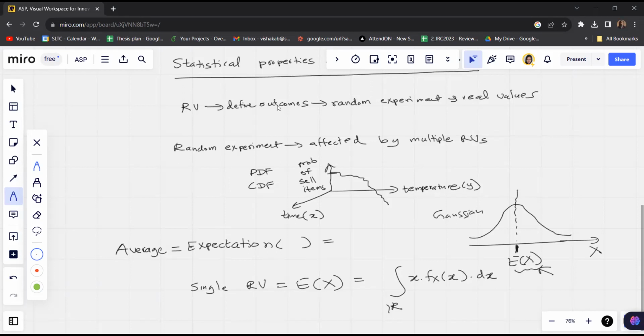Likewise, from that expectation we can get some idea about the outcome which occurs the most in the random experiment. So for the single random variable case, this is the expectation operation.